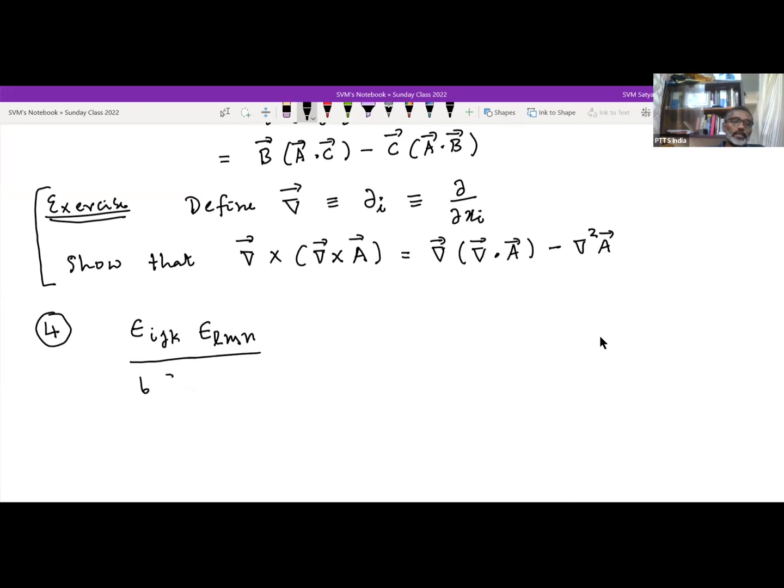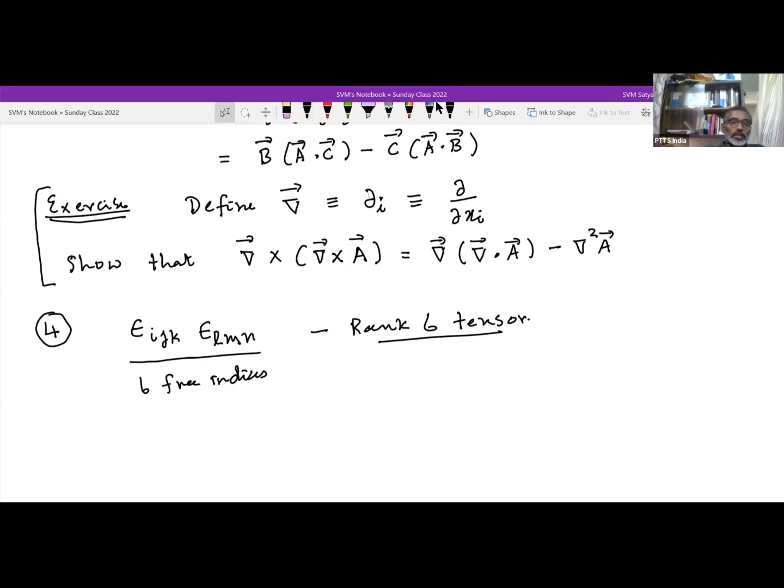So that means 6 free indices. So this is a rank 6 tensor, correct? The rank 6 tensor.